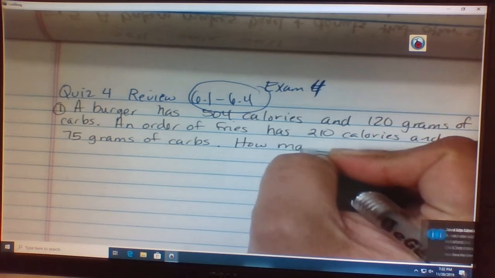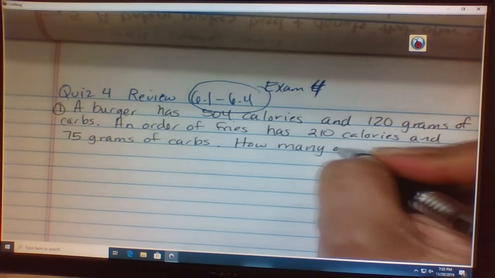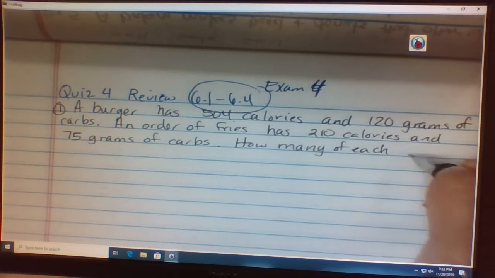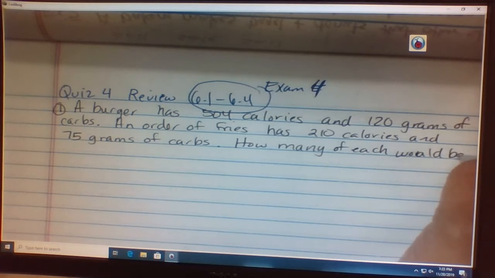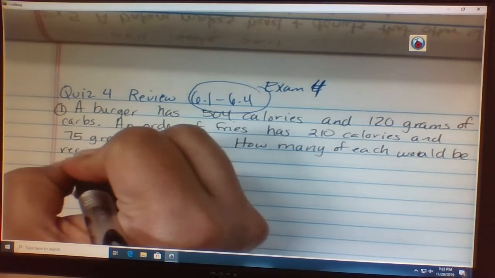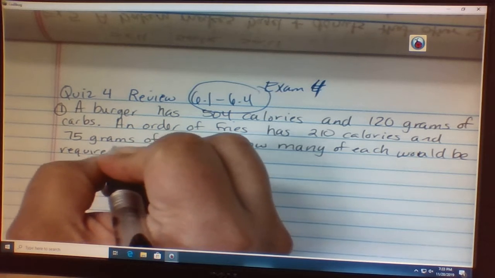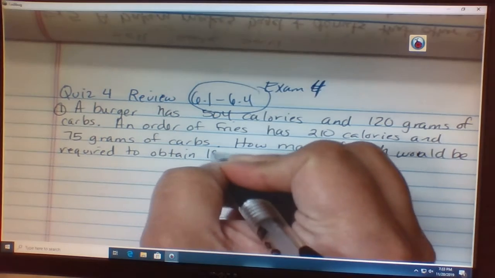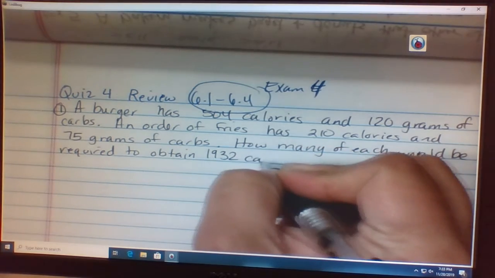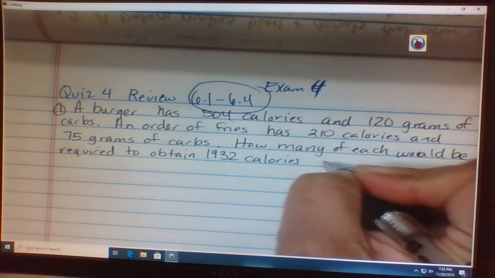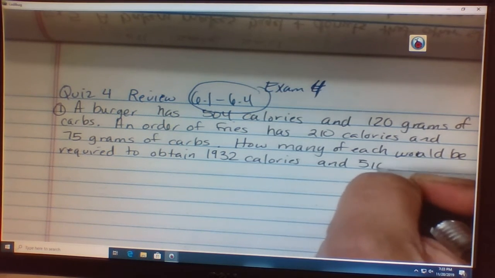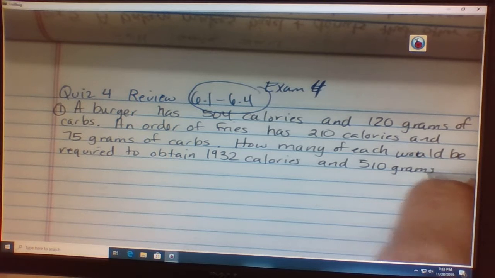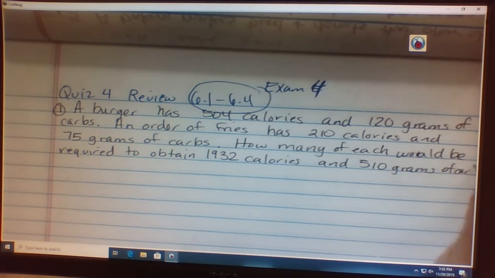How many of each would be required to obtain 1,932 calories and 510 grams of carbs?